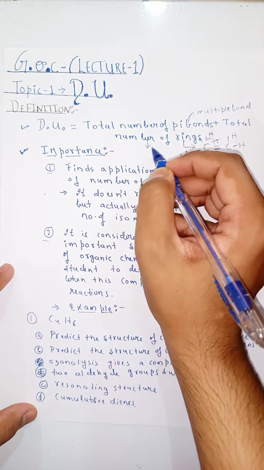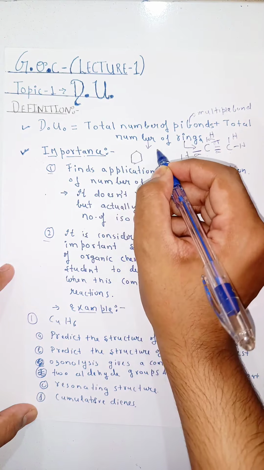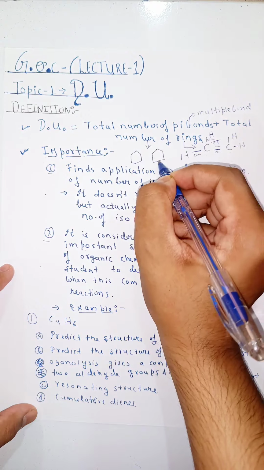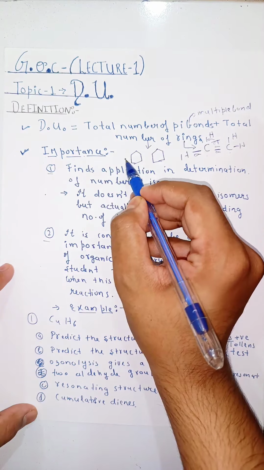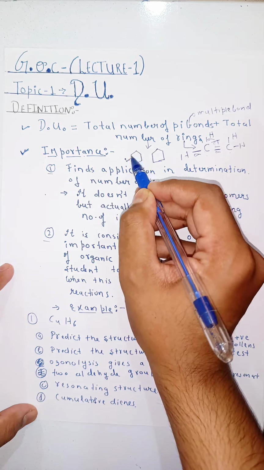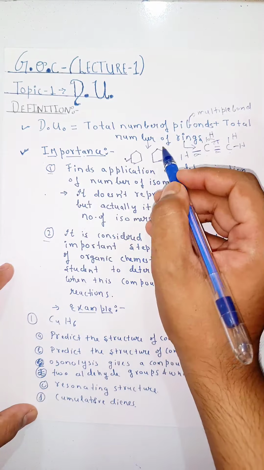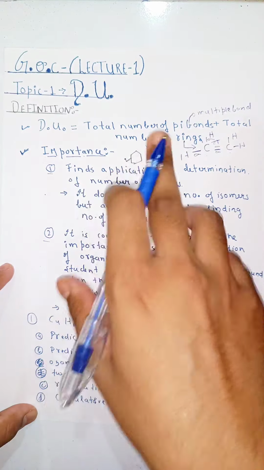Rings, the number of rings means the ring can be a 6-membered ring, the ring can be a 5-membered ring. This 6-membered ring, since this is a ring, its DU will be 1. And this 5-membered ring also has a DU of 1 because it's a ring.